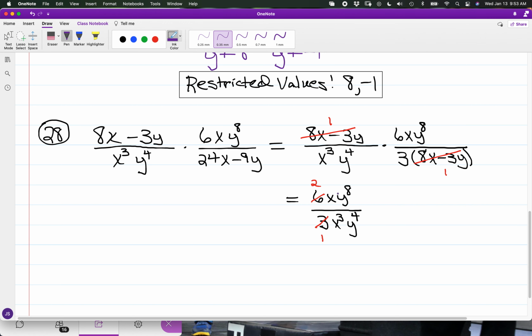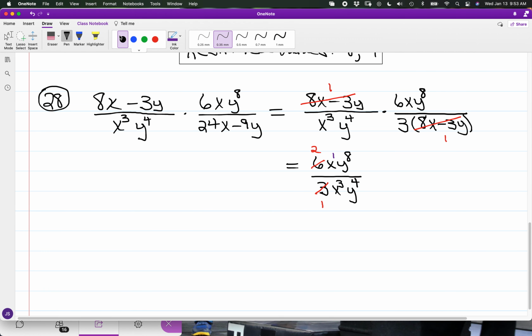And for x y to the 8th, just standalone x you would read as x to the 1st. Upon simplifying the ratio, 6/3 reduces to 2. Now for x to the 1st over x cubed, we'll use the quotient property, taking the lower degree from the higher power. The higher power in x resides in the denominator, so we'll have x to the 3 minus 1.